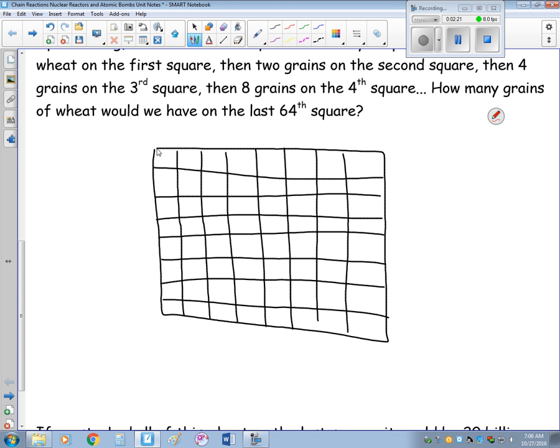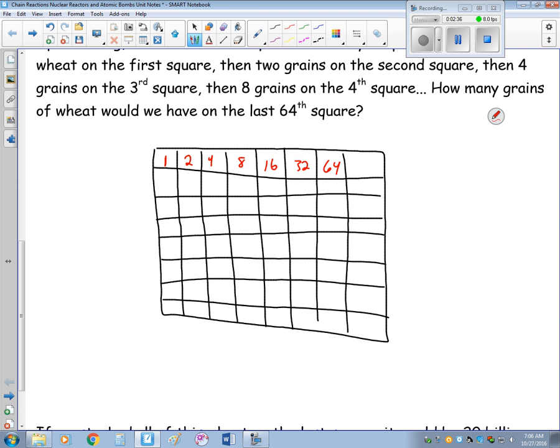We would put 1 grain of wheat on the first one, then 2, then 4, then 8, then 16, then 32, then 64, and we can keep going.